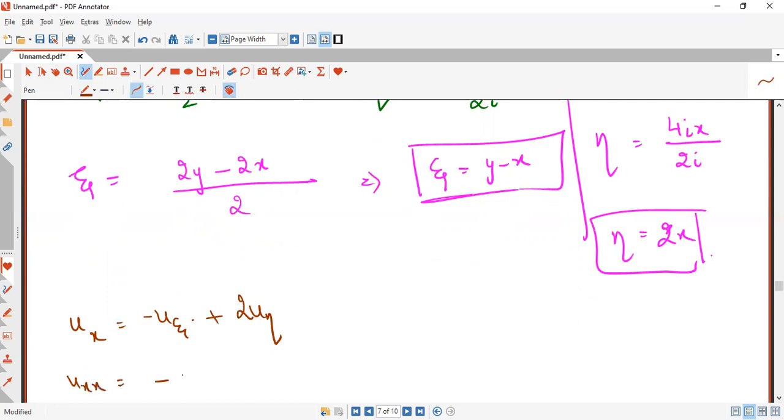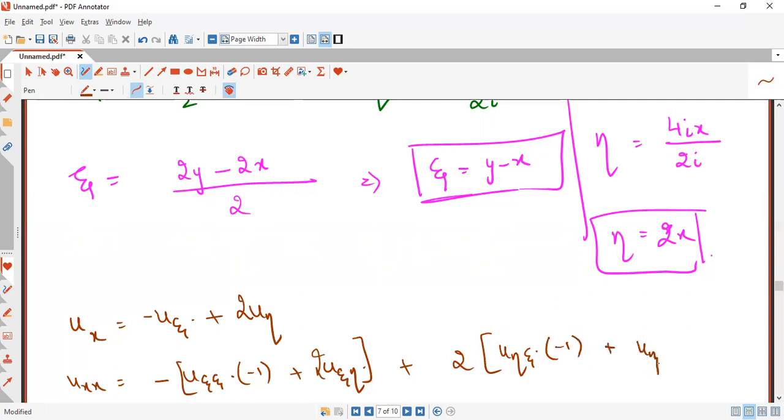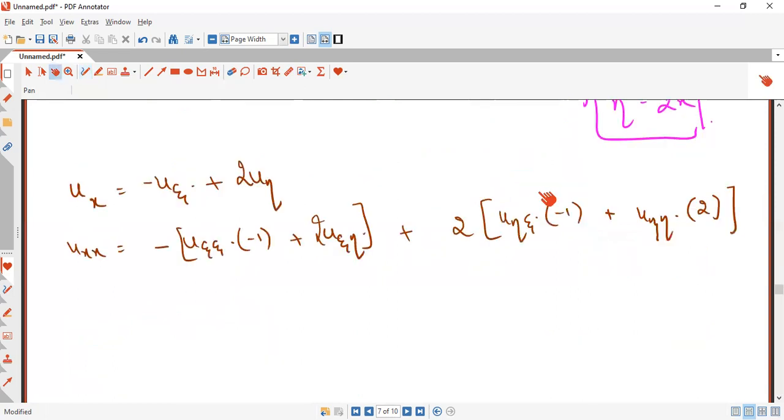Uxx: minus outside, u xi with respect to x, xi x will be minus 1, plus u xi eta, eta x will be 2, plus 2 times u eta, u eta xi x is minus 1 plus u eta eta into 2. Right? I hope till here it is clear. If not, ask me anytime. Alright?